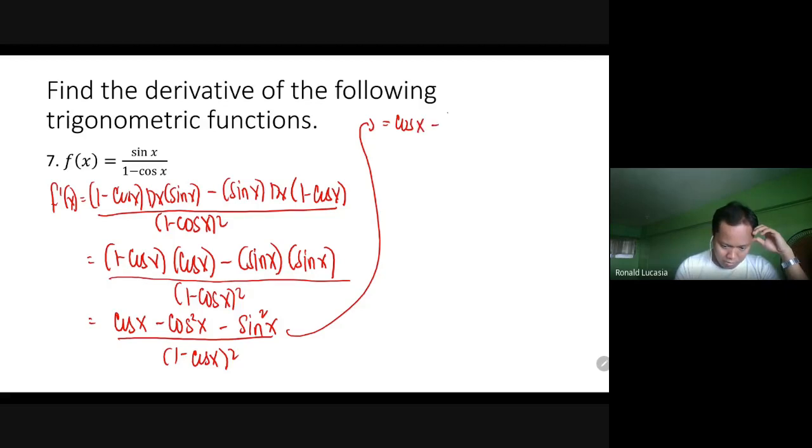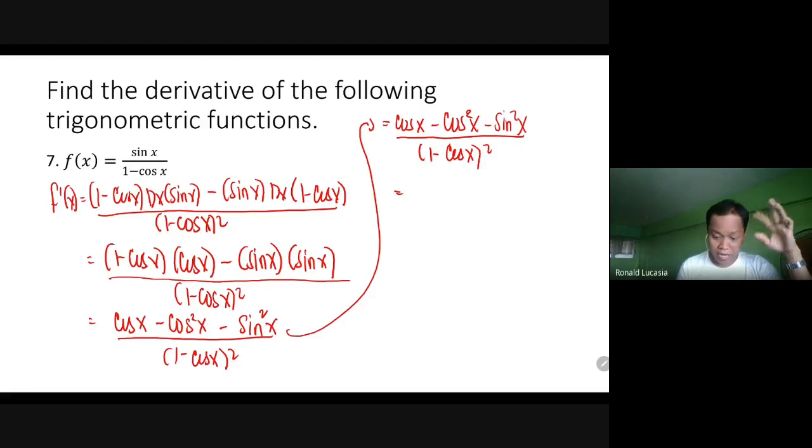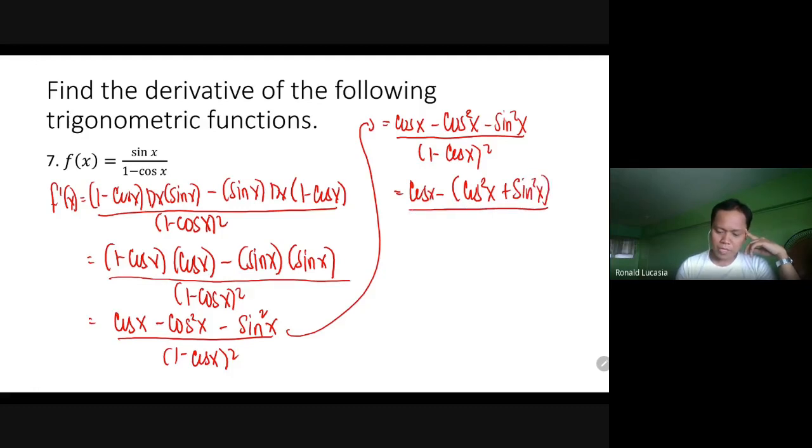Cosine x minus cosine squared x minus sine squared x over 1 minus cosine x squared. I-factor natin para ma-produce ko yung cosine squared plus sine squared kasi alam natin na 1. So this is minus, cosine squared x plus sine squared x over 1 minus cosine x.